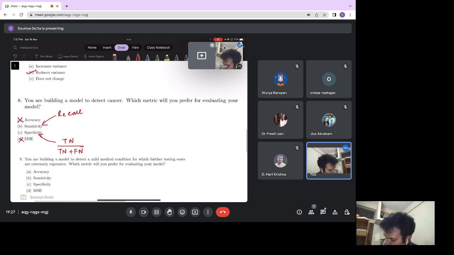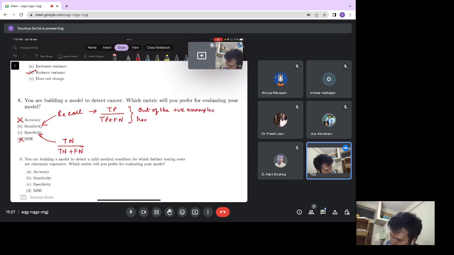Recall is true positives divided by true positives plus false negatives. So this is an ideal metric for this case, because it shows how many of the positive examples I have been able to capture. Therefore sensitivity is the correct metric to look for. Your model should have a high sensitivity, so that it does not miss any positive examples.